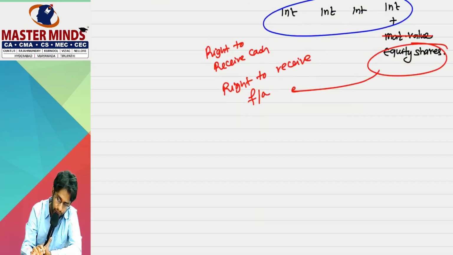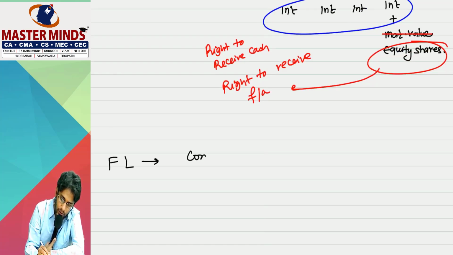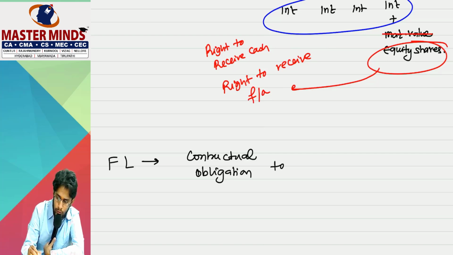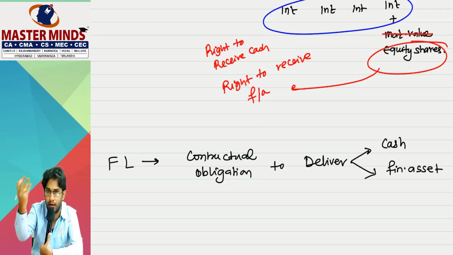Now, for financial asset, 3 points we have discussed, but for financial liability, only 1 point we are talking about now, which is a contractual obligation to deliver. That means you should pay somebody what? Either cash or any other financial asset to another party.